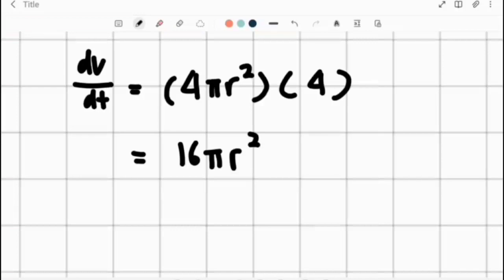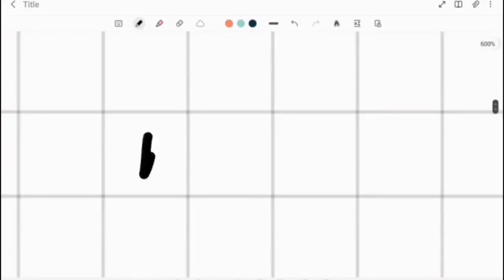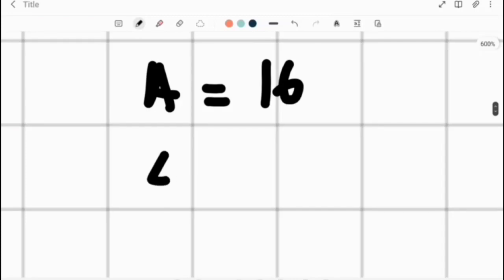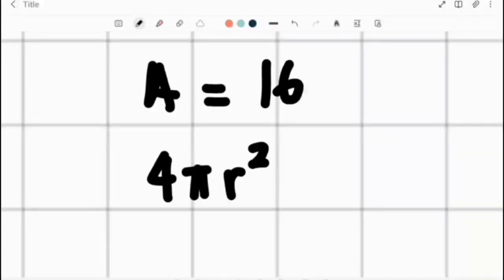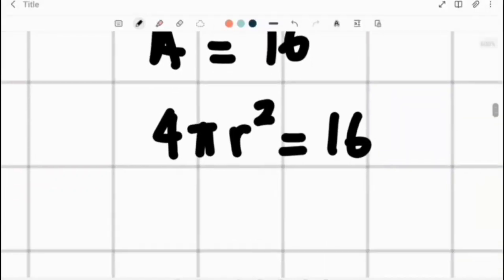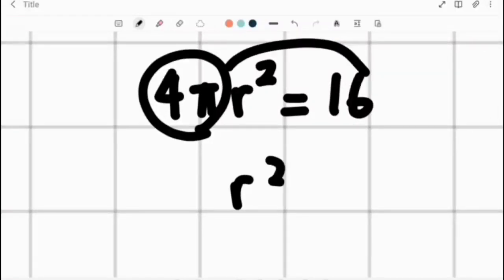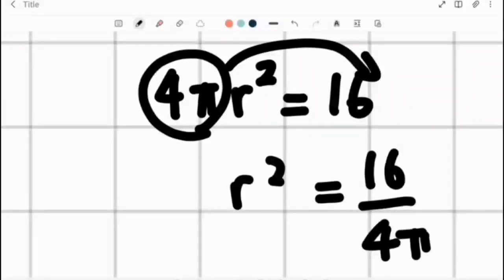In this case, we need to find the value of r from the given surface area. So our surface area given is 16 cm squared. So 4 pi r square equals to 16, and r square, 4 pi will transfer to another side, so 16 over 4 pi.